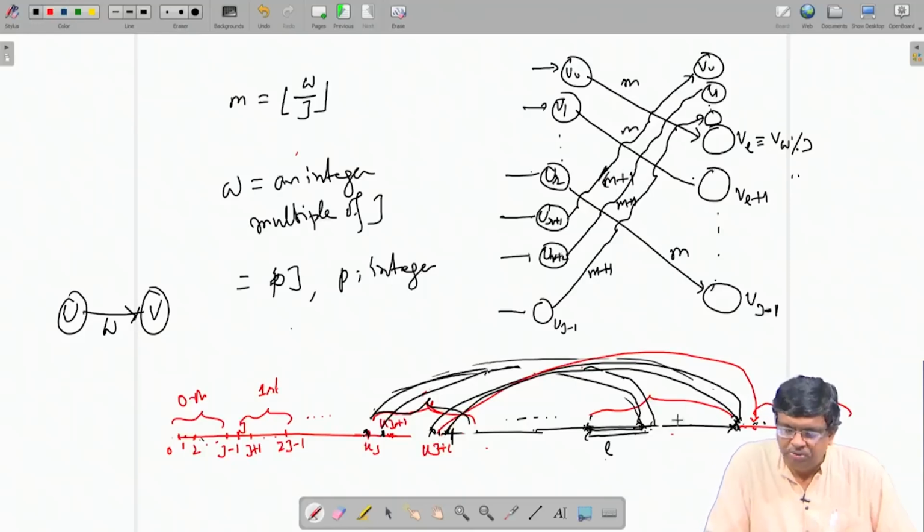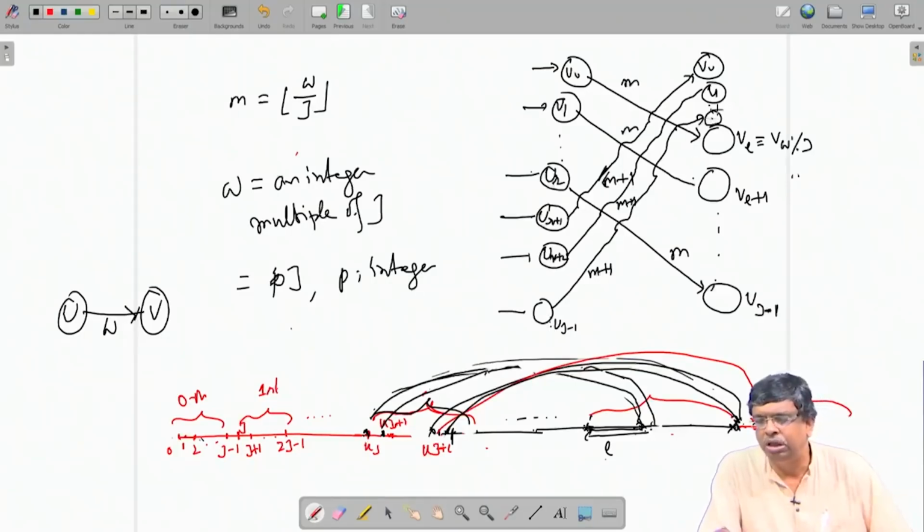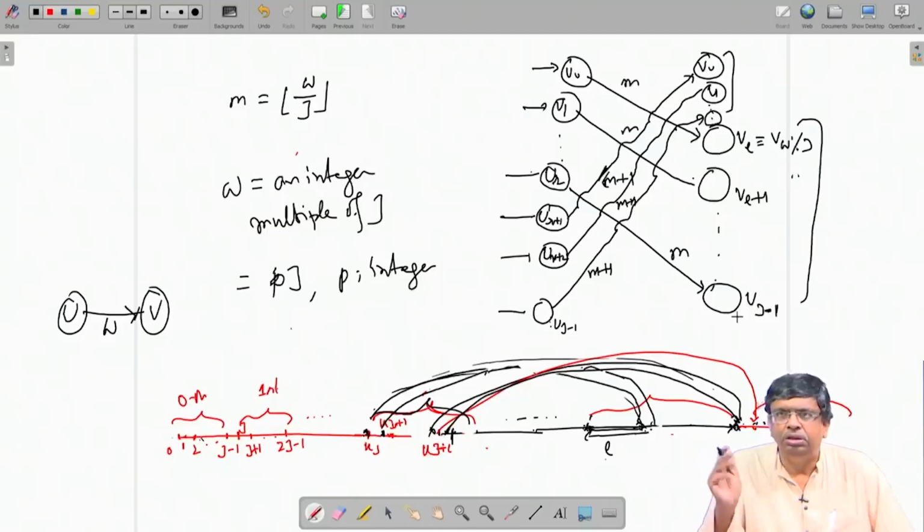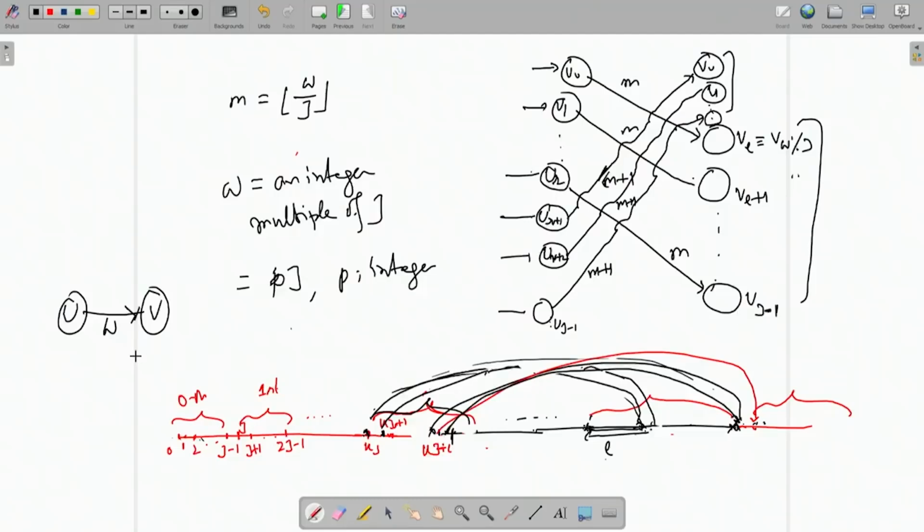Next also, if I go further to the right by 1, here also it will be going further to the right by 1. So, from U0 I will now go to V1. If I go from UR plus 1 to UR plus 2, the delay remains the same, m plus 1, and so on, finally the last point here will take me to the last point here. So, this is one category, this is one category. This is the general structure of an unfolded edge.